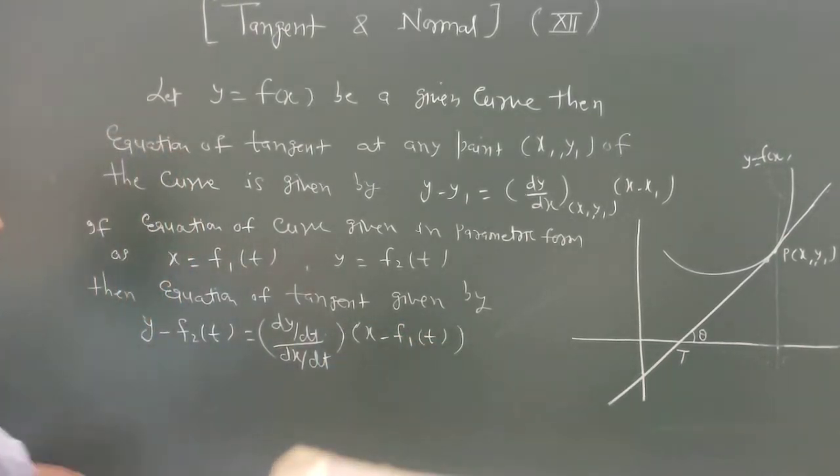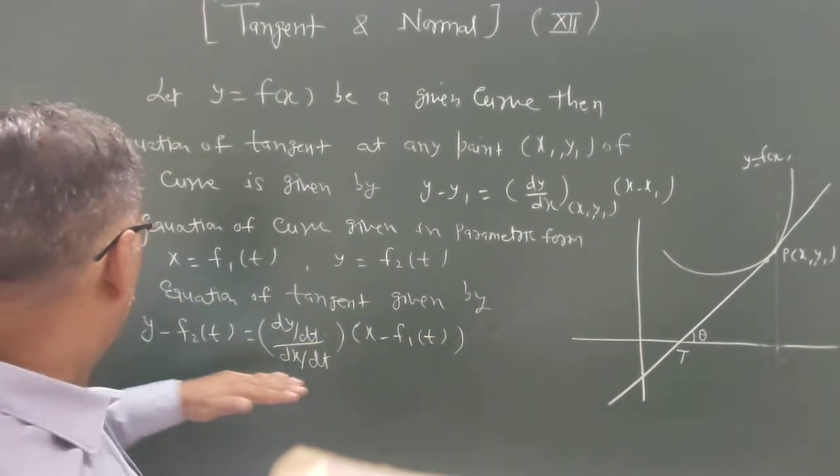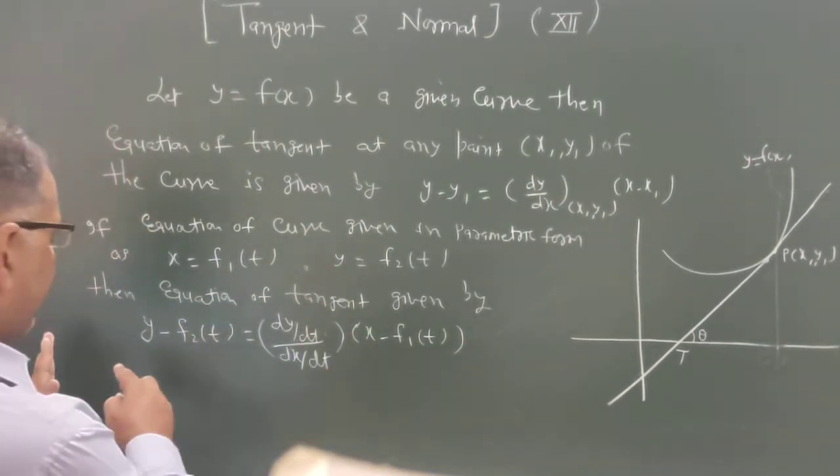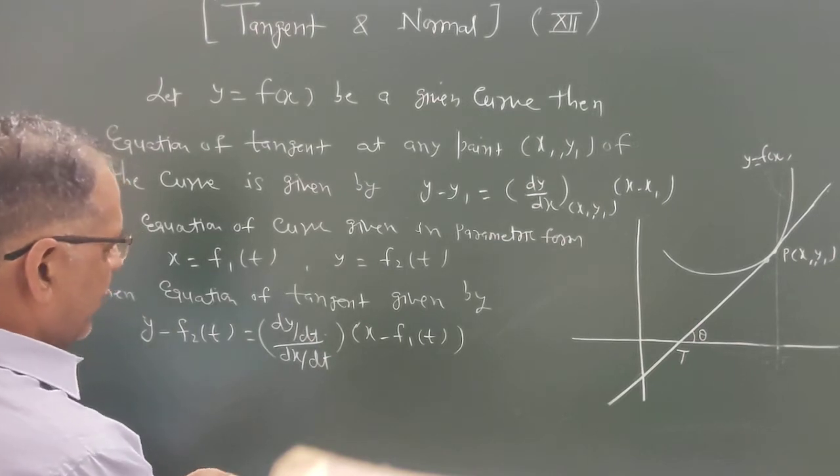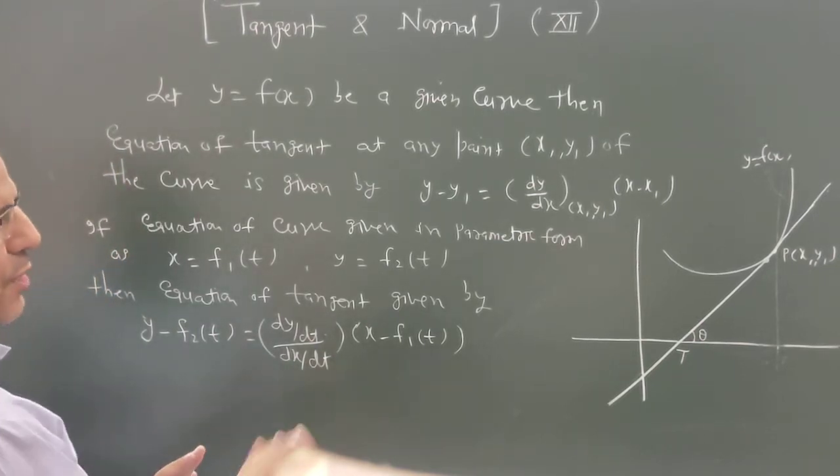So if the equation of the curve is given in parametric form, the equation of tangent is given by y minus f2(t) equal to dy over dt upon dx over dt, (x minus f1(t)).